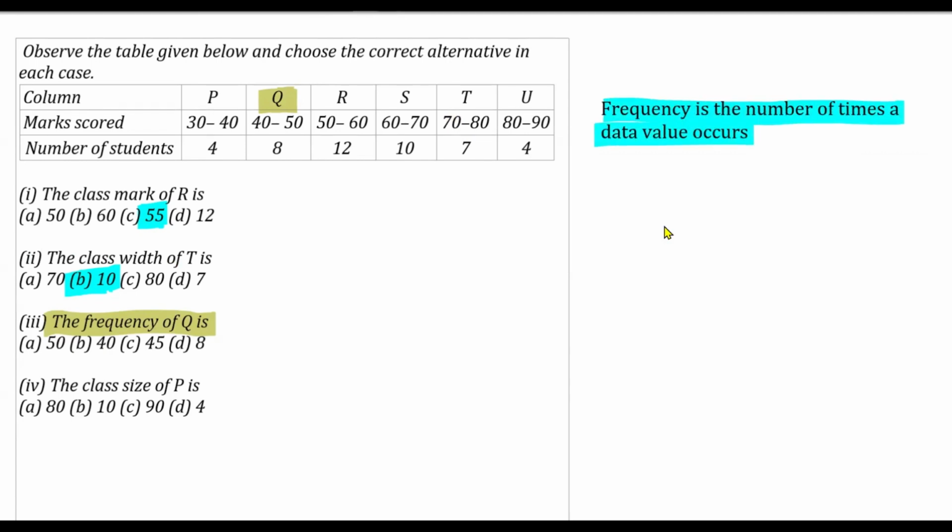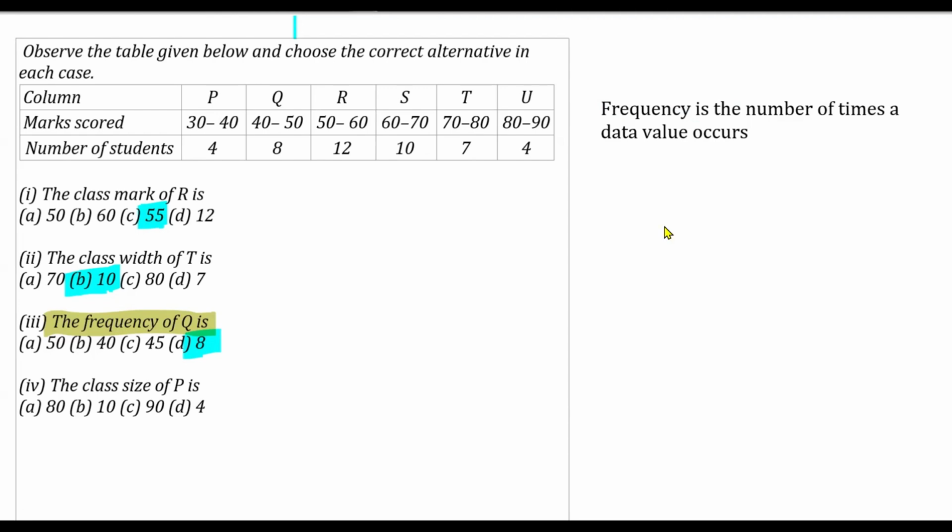So you can see that the number of students here is 8, right? In the interval 40 to 50. So we'll say that the answer for this part is 8. One more time, frequency is the number of times a data occurs. That's how we get this.